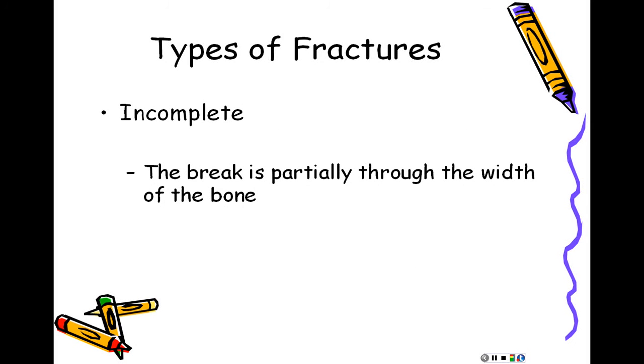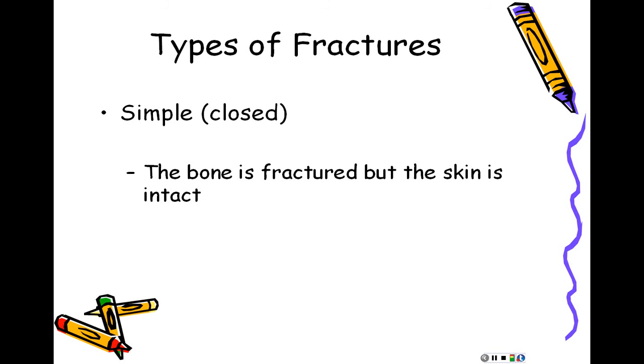So we also have incomplete fractures, and with an incomplete fracture, this is when the break is partially through the width of the bone. We also have a simple closed fracture. For the purposes of this lecture and according to this book, we're just going to go with closed.